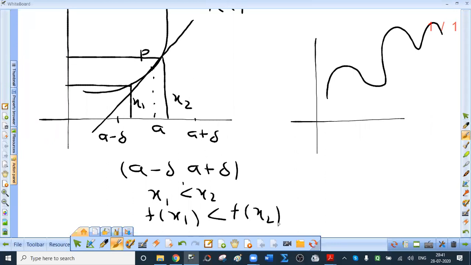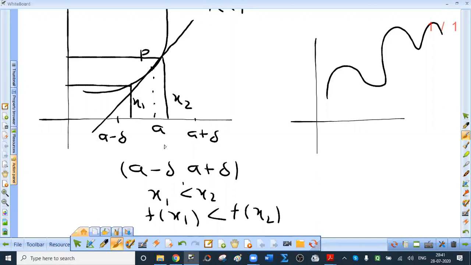Okay, and therefore we can say a function f is said to be increasing at x equal to a if there exists some neighborhood open interval a minus delta, a plus delta of a such that for any 2 points x1, x2 in this neighborhood with x1 less than x2, we have f of x1 less than f of x2.